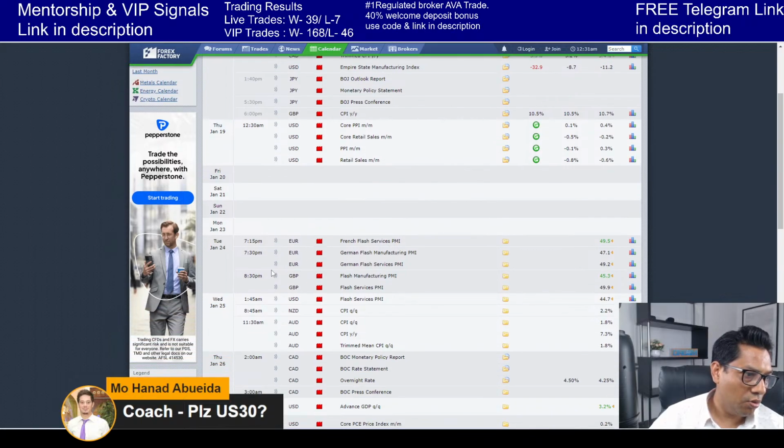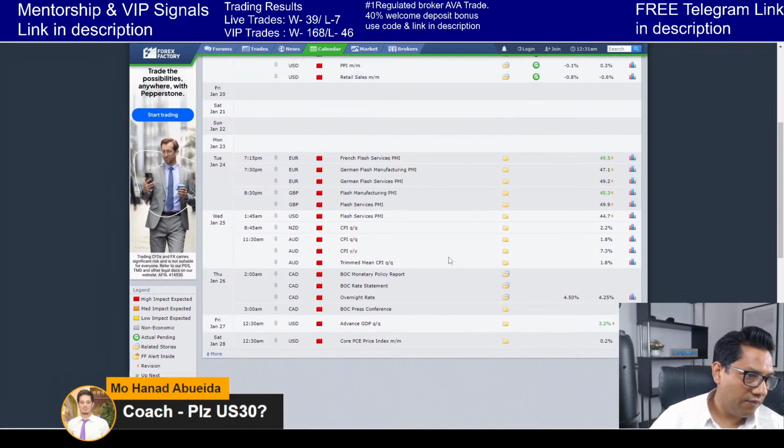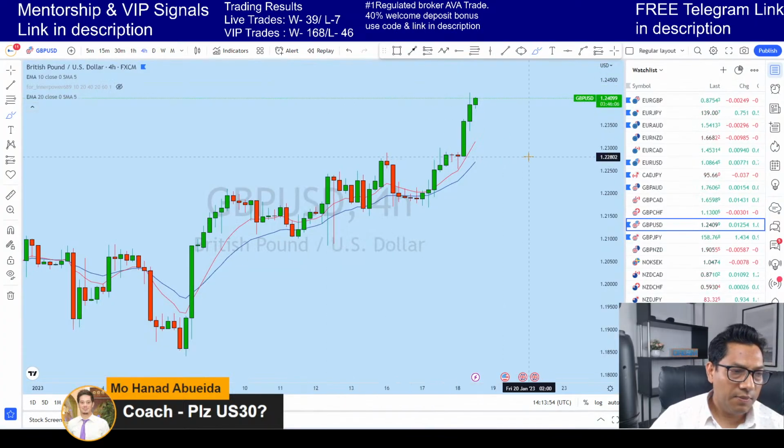So Europe and GBP, next week is very volatile, a big week coming up. This week was also very volatile, and the market will trend. Now you see after all the news release, the price has broken to the upside, it will be trending.